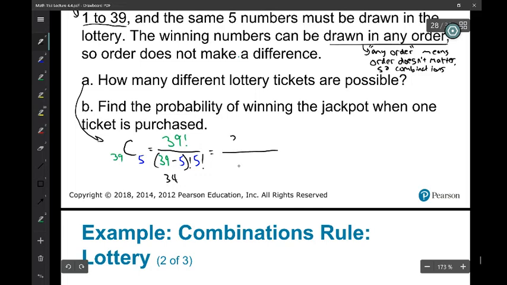So we have 39 times 38. Whichever your largest factorial is in the denominator, that's what you want to expand your top factorial out to.